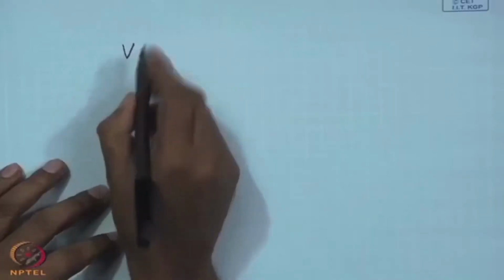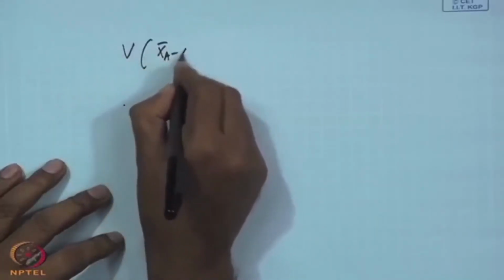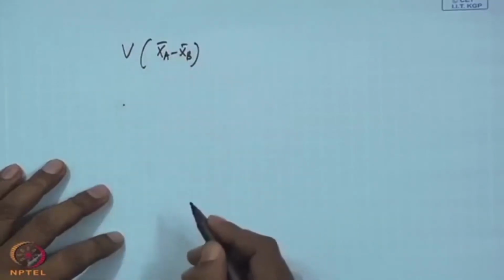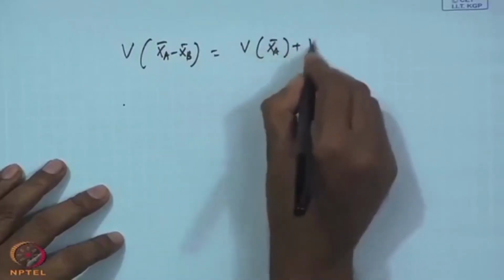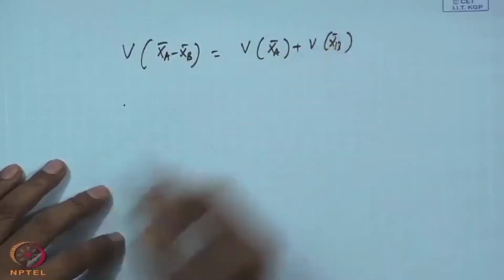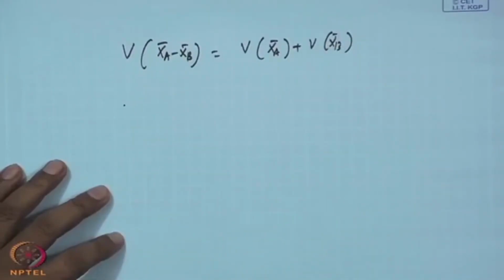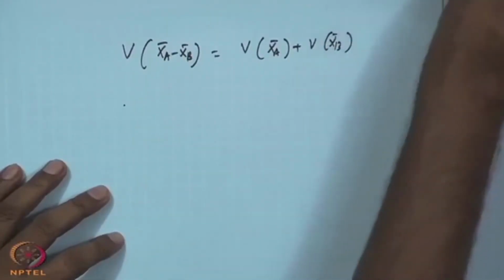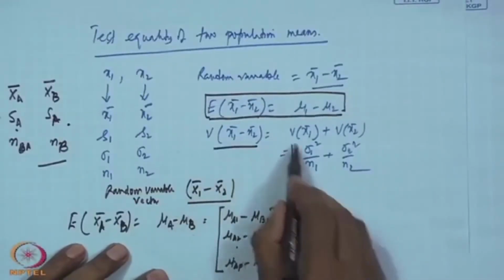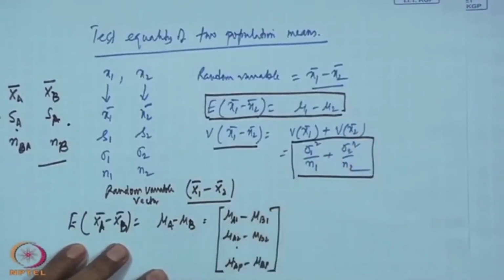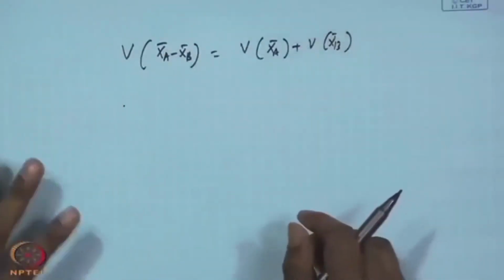Then what will be the variance part? The variance of X A bar minus X B bar will be variance of X A bar plus variance of X B bar. I have shown you in the univariate case what the variance of this is. Forget about how the derivation comes, because we are not statistical experts, we are users.